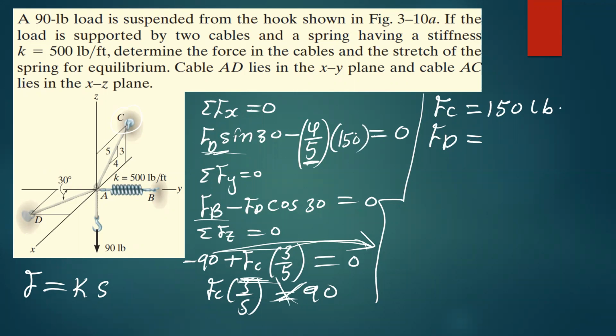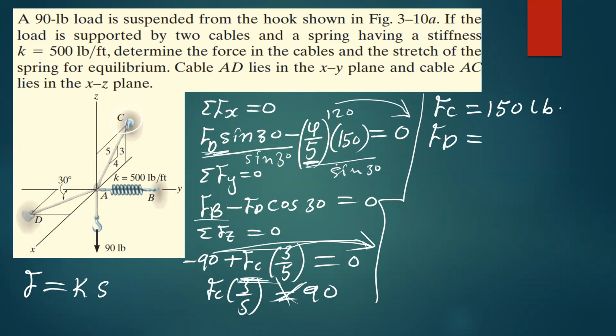So if I put that there, 5 into 150, that is going to give me 30. 30 times 4, this is giving me 120. So the 120 that you find here will cross the equal sign, and then you divide everything by sine 30.